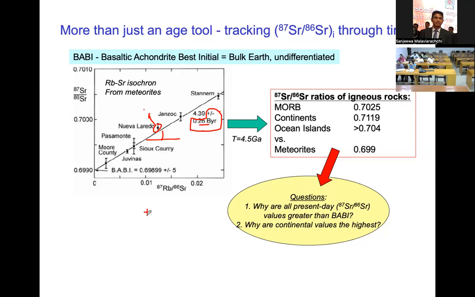This is derived by MSWD. You know MSWD? Mean squared weighted deviation. In statistics, you can learn about MSWD. This is associated with regression.